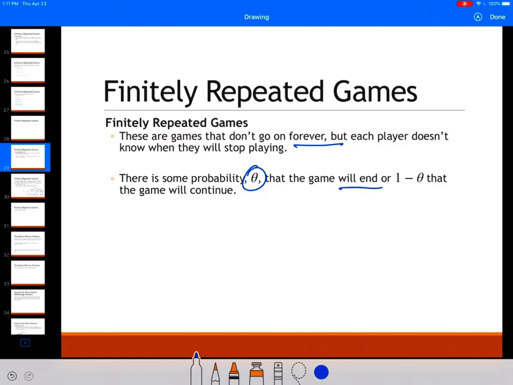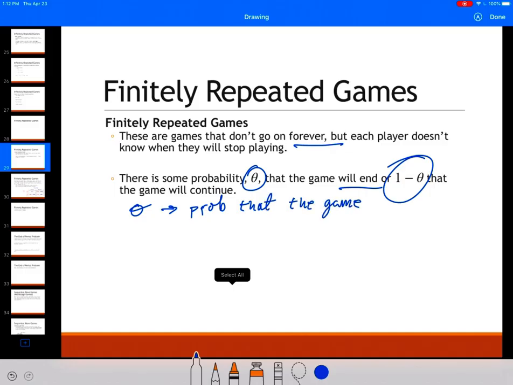And then, of course, 1 minus that is that the game will continue, okay? So theta here, our Greek letter, is the probability that the game ends. And we'll say the game ends after this round, after the next round, okay? And 1 minus theta is just the other probability, right?